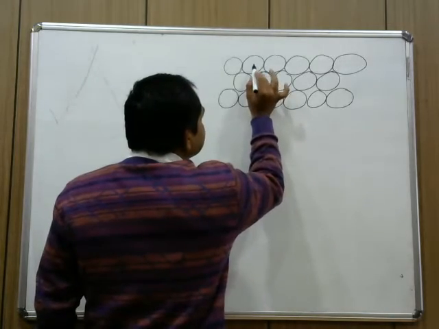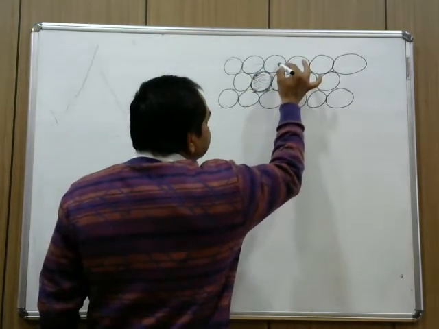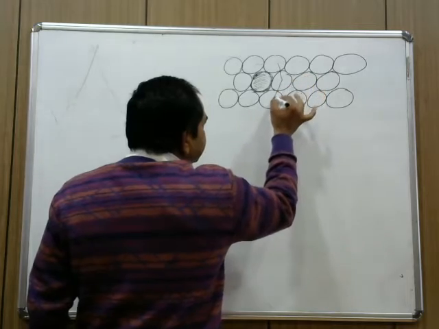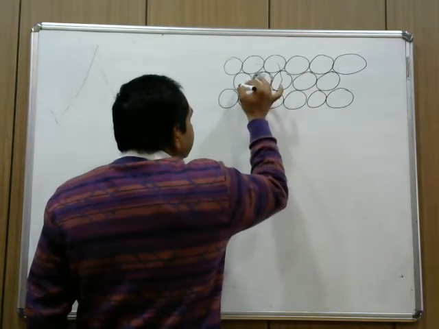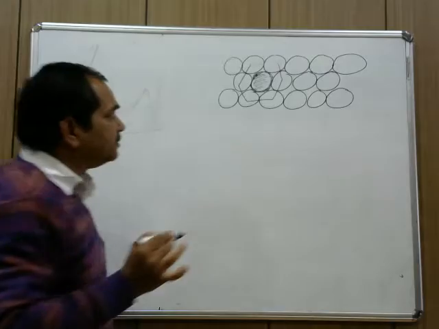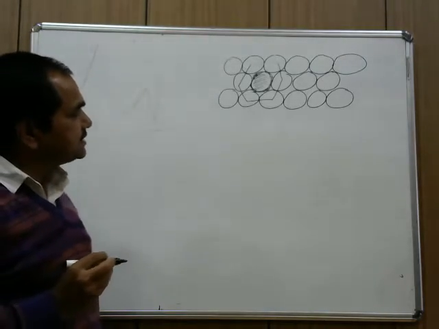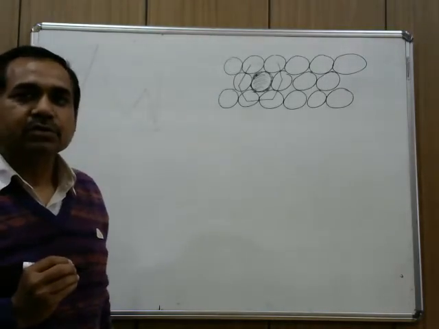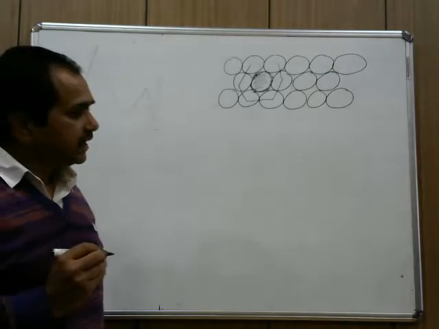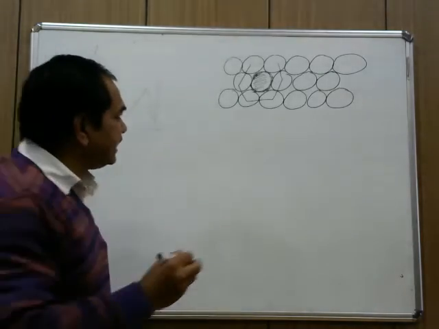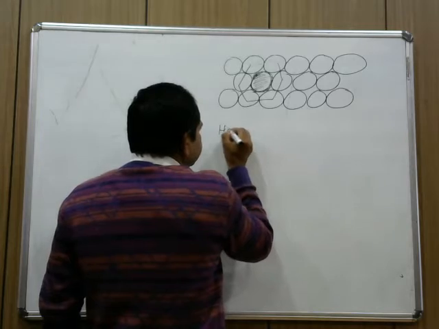When the centers of these spheres are joined with each other in this way, a hexagon is formed, and this is called hexagonal close packing. This is two-dimensional hexagonal close packing.